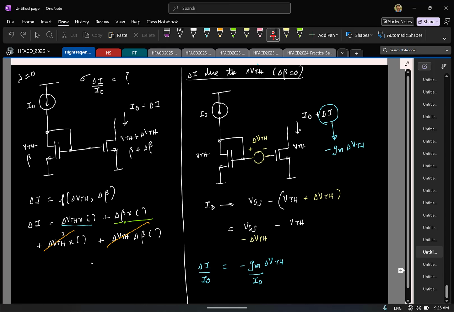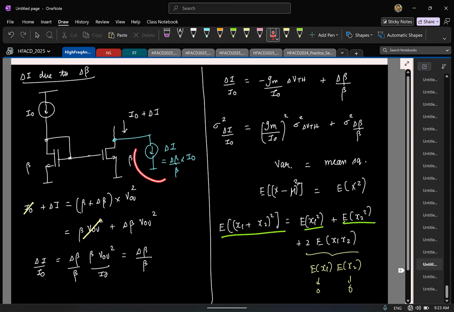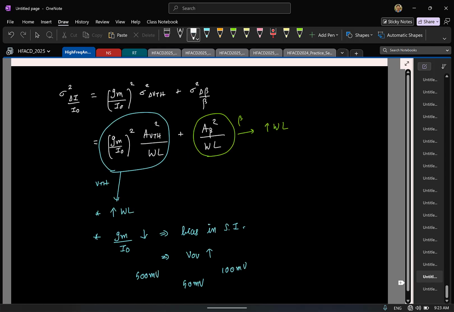Similarly, if we have a beta mismatch, you model the effect as an additive current source at the drain. And in practice, in most cases the VTH mismatch is dominant compared to this one. So mostly, when we deal with mismatch, we'll look only at VTH mismatch, because typically that's what is dominant in transistors.